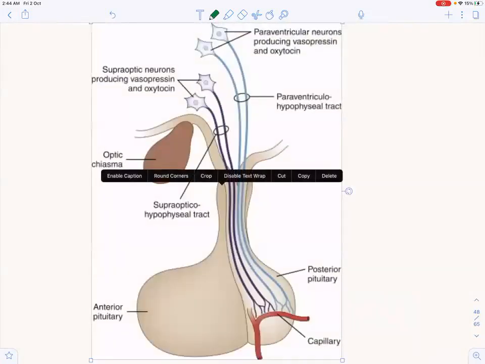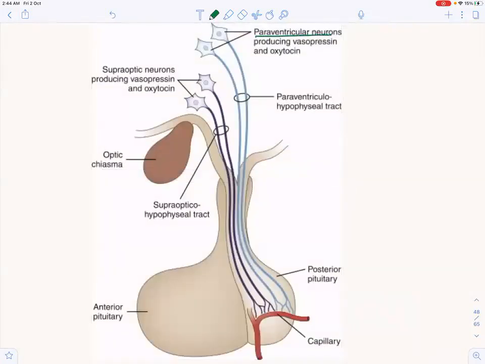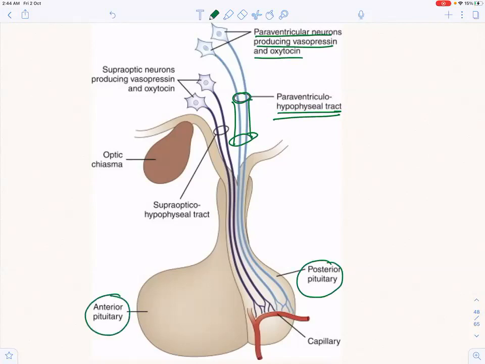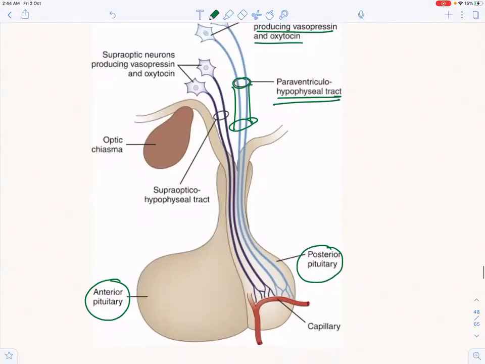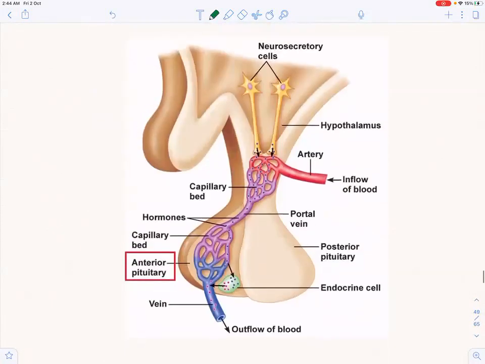You can see these paraventricular neurons producing vasopressin and oxytocin. And see, this is the hypophyseal tract that I was telling you about, a bundle of axons. This is the posterior pituitary, okay? And this is the anterior pituitary. Now, these are the supraoptic neurons, and you can see I have drawn everything.